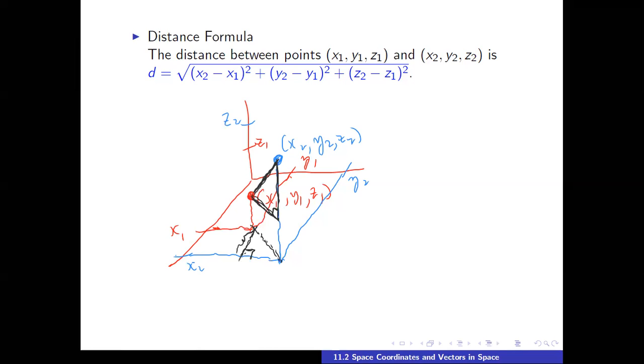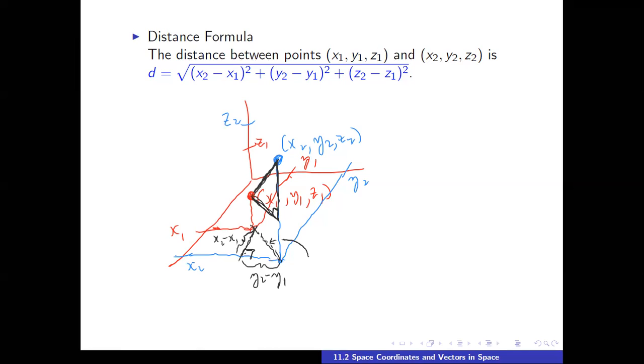What would that be? Yeah, x2 minus x1. You see that? What would this distance be right here? y2 minus y1, exactly. So what would this be right here?